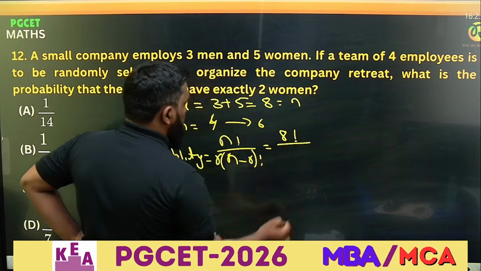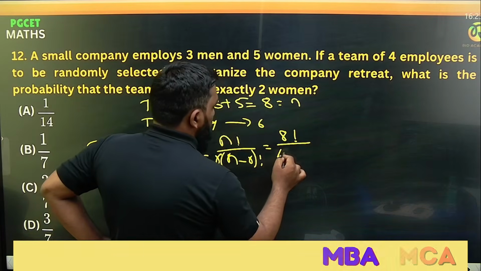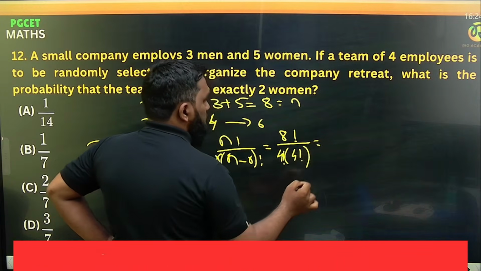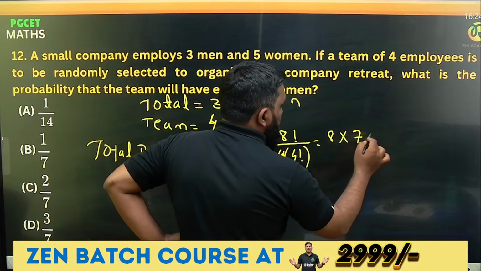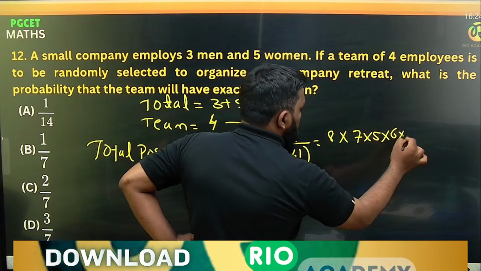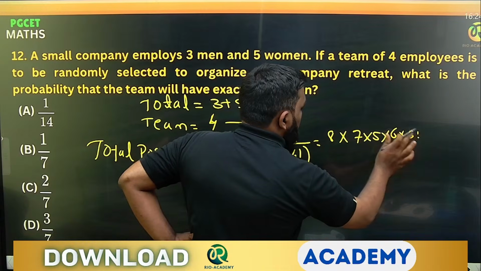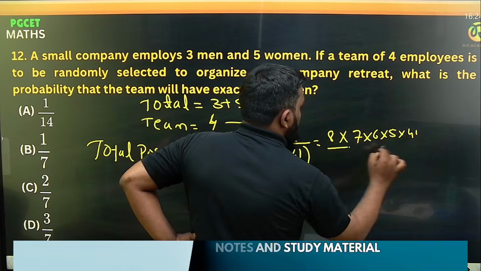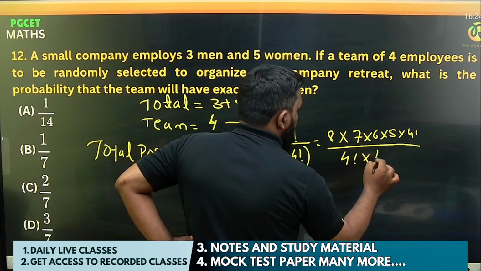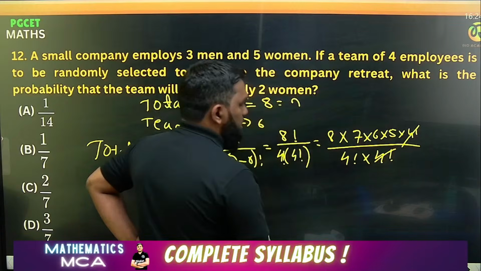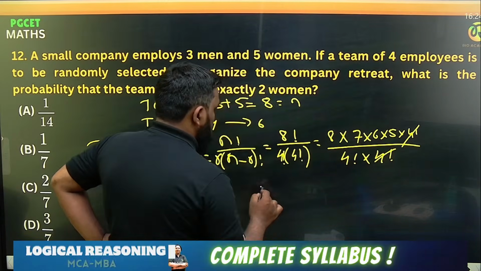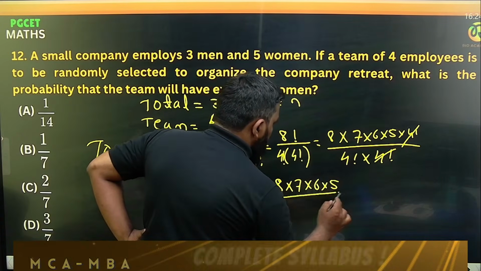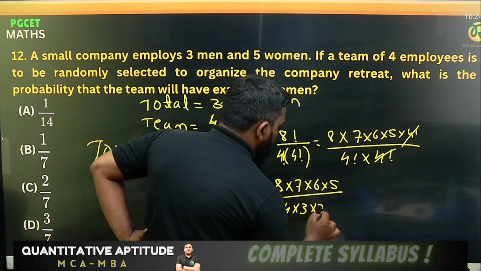What will we have? 8 factorial divided by 4 factorial, 8 minus 4, again 4 factorial. We are going to take 8 into 7 into 6 into 5 into 4 factorial divided by 4 factorial into 4 factorial. 4 factorial gets cancelled, and here remaining is 8 into 7 into 6 into 5 over 4 into 3 into 2 into 1.